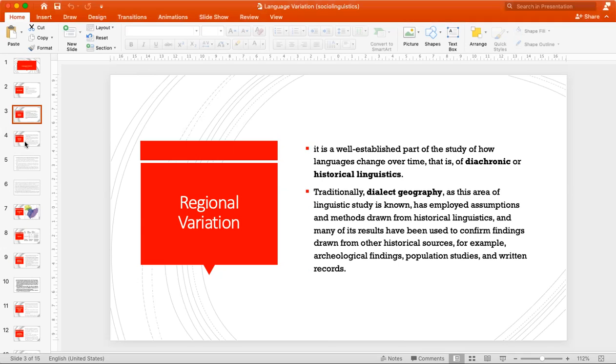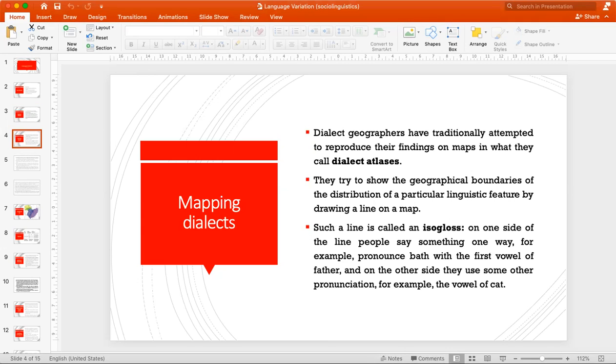And now, mapping dialects. Dialect geographers have traditionally attempted to reproduce their findings on maps in what they call dialect atlases. Then they try to show the geographical boundaries of the distributions.